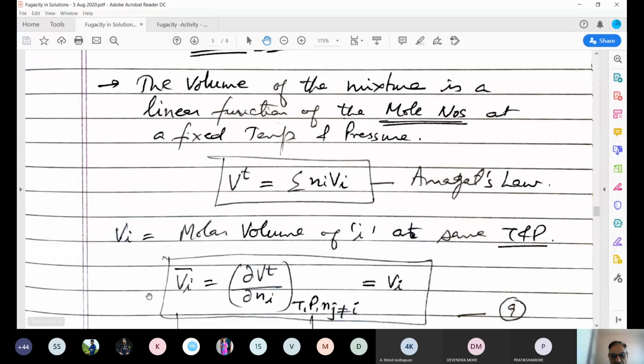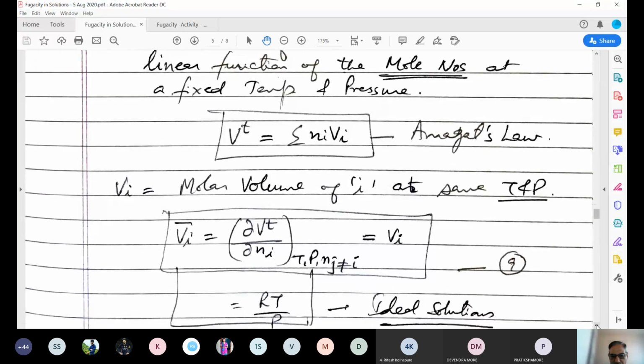That means for the ideal solution model or ideal gaseous mixture, partial molar volume is equal to molar volume. We are saying that there is no change in volume. When will that happen? When partial molar volume is equal to molar volume, then only there is no change in volume when you mix two or more components.